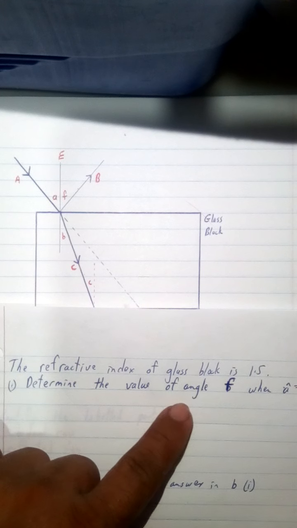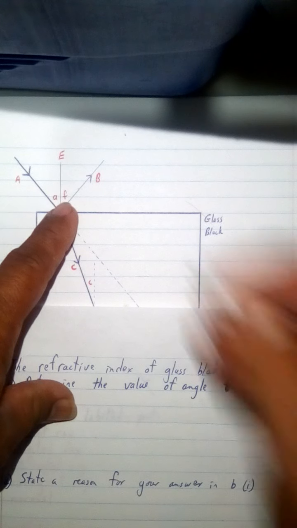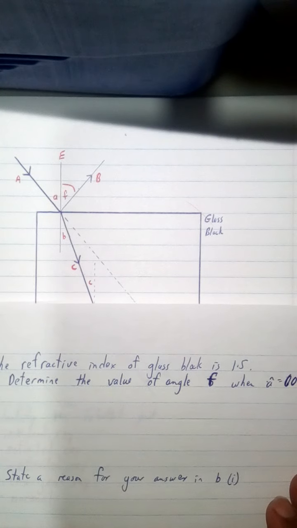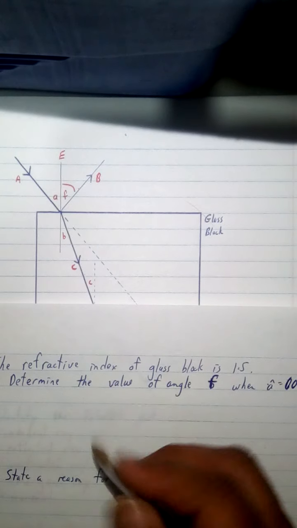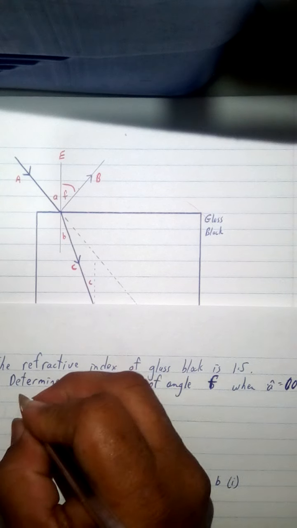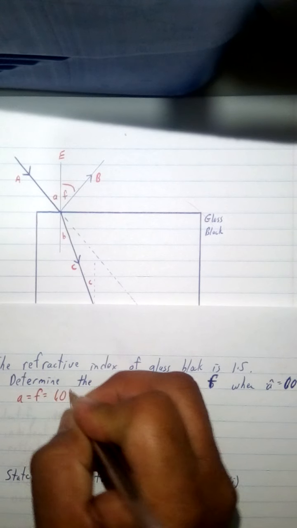Determine the value of angle F. In this case, angle F is the angle we want to find first, when angle A equals 60 degrees. Determine means you don't have to calculate it, just determine it. Well, A equals F equals 60 degrees.